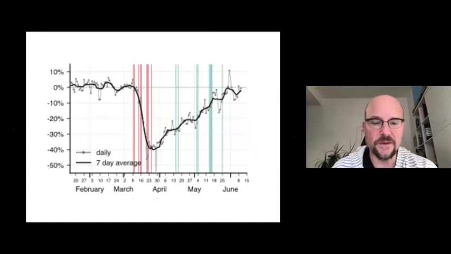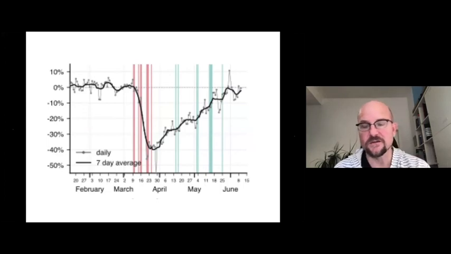It's from a PNAS article that is about to appear that Frank Schlosser, a coworker of mine, did. And he looked at this mobility overall, and what you see in this figure is how the mobility decreased in mid-March from a baseline to about minus 40%. And these red bars that you see are lockdown measures that were put in place politically.